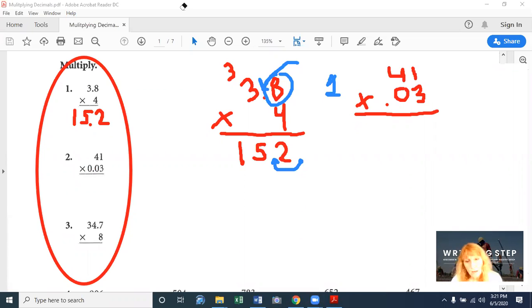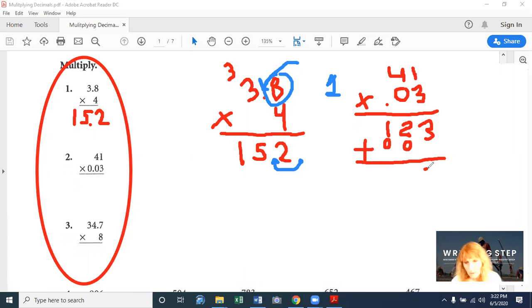So let's multiply. 3 times 1 is 3, and 3 times 4 is 12. Then the next row, 0 times 1 is 0, and 0 times 4 is 0 again. I could have just skipped that row because I'm going to get a row of zeros anyway, but I put it there for the purpose of seeing what you're doing.